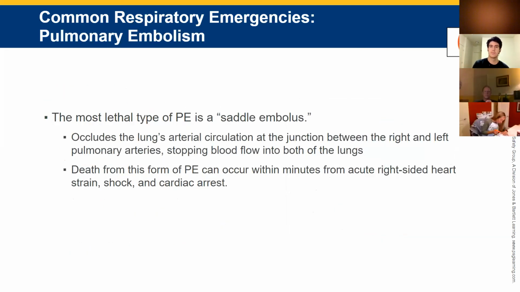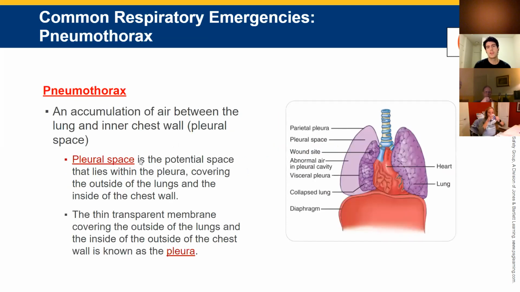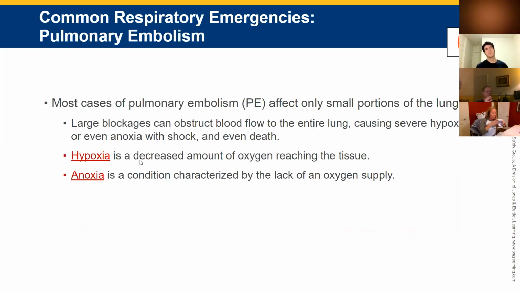So one of the questions is list the signs and symptoms. Is there really a way to distinguish that as opposed to something else? That's a great question. What's difficult about breathing troubles is that a lot of them will involve two things: a feeling that you don't have enough air, which we'll describe as shortness of breath, and chest pain, which is going to be because you're not getting enough oxygen.